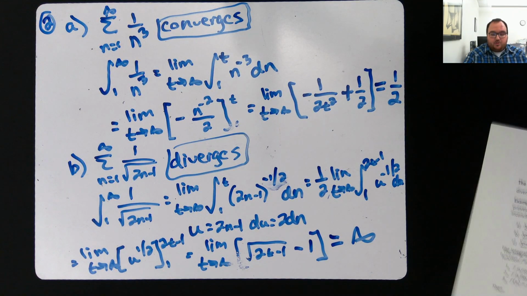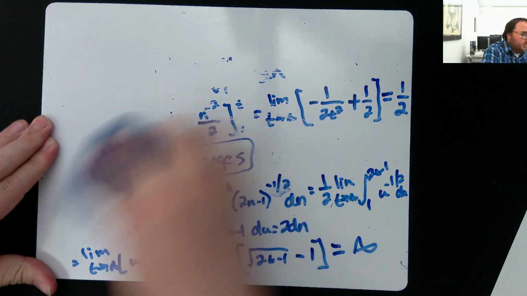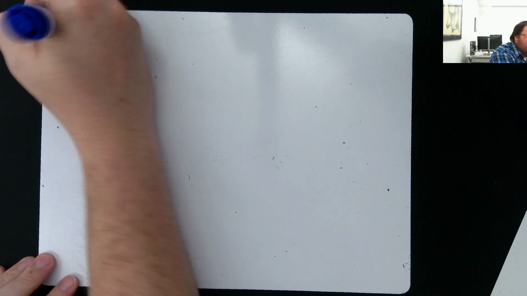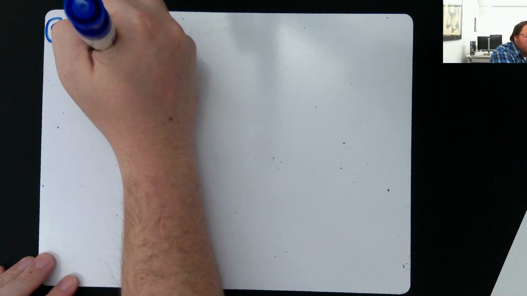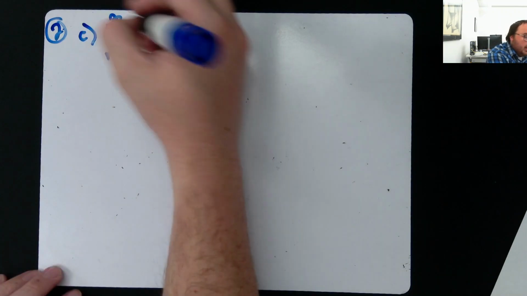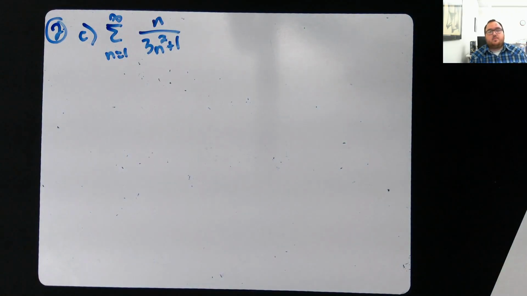Example C, let's do the same thing. Sum from n equals 1 to infinity of n over 3n squared plus 1.